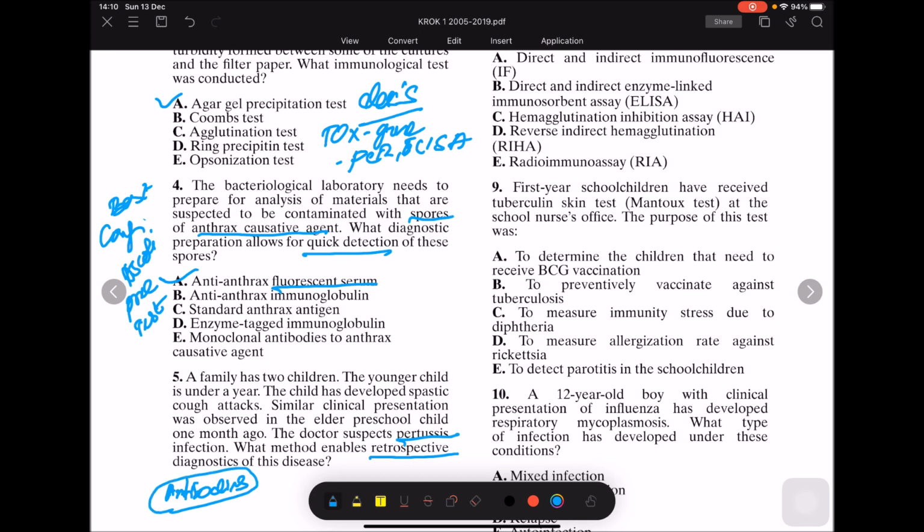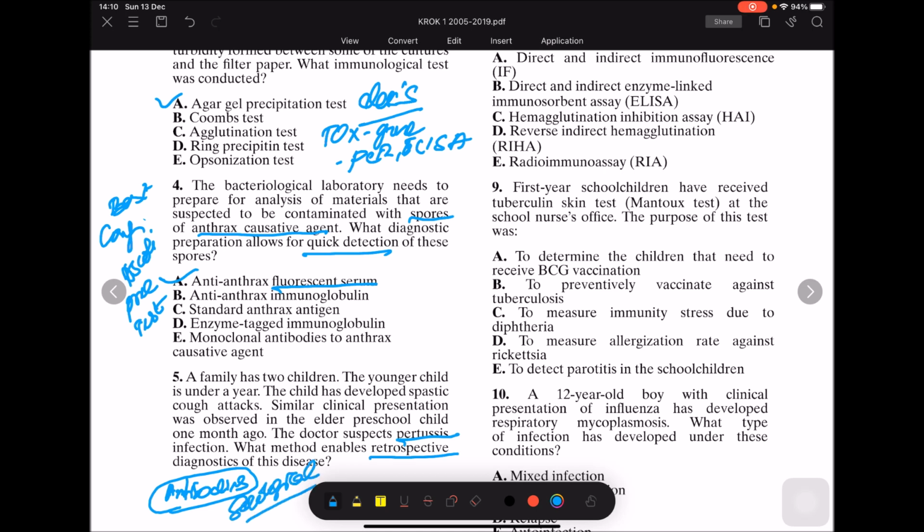If antibody is present in the elder brother, we can confirm it is pertussis infection spreading from the elder brother to the younger brother, causing these symptoms. So we have to check the antibodies in both brothers. For that we have to use a serological method.